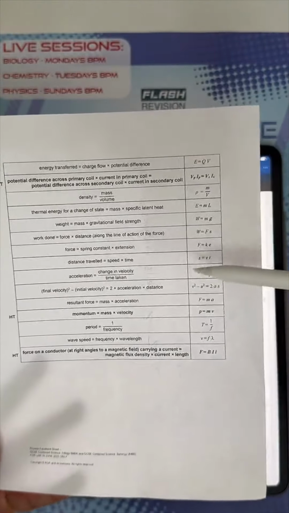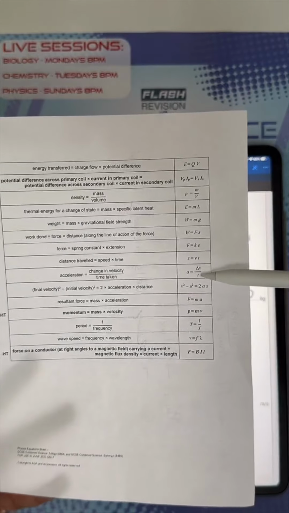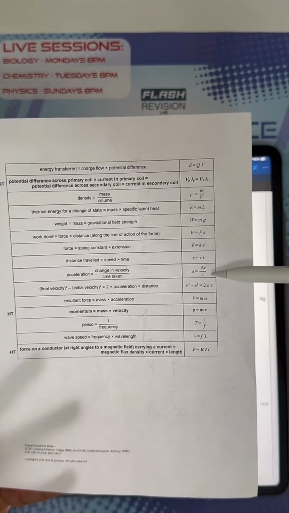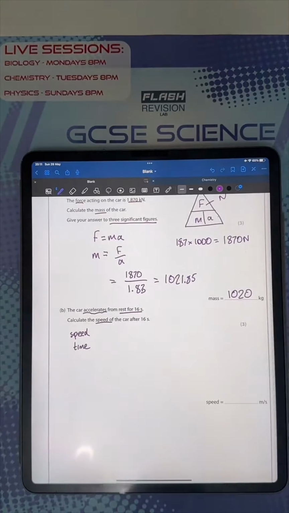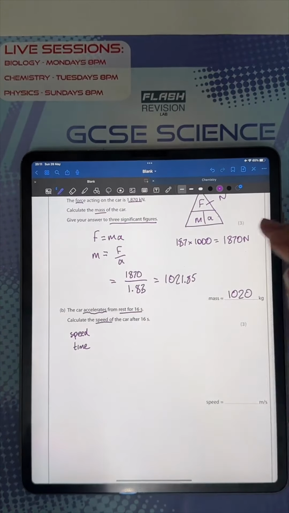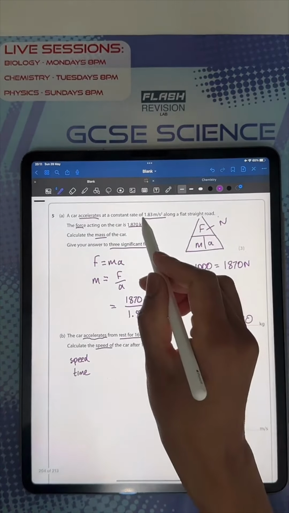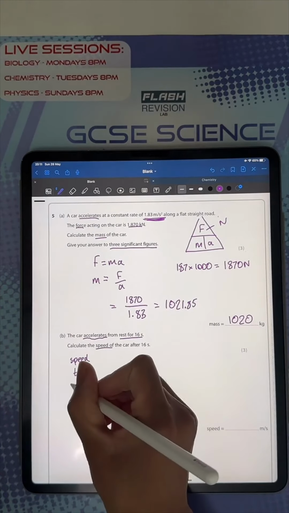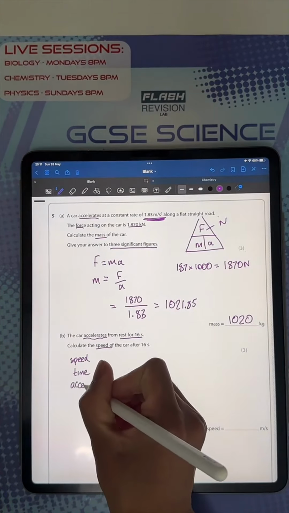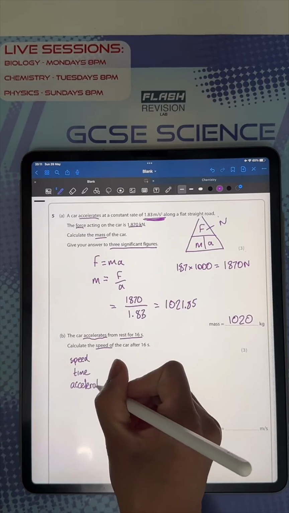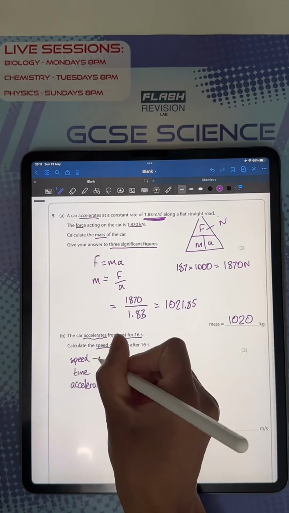It is, let me put it this way around. It is this one, acceleration equals change in velocity over time. Because we got acceleration given to us in the previous part here. We got acceleration there. Speed is the same as velocity.